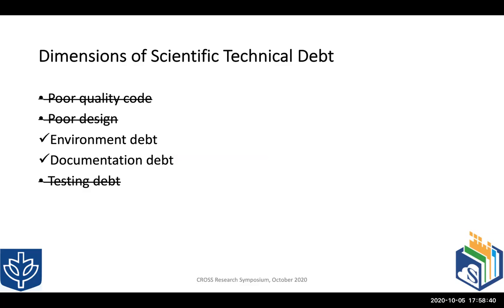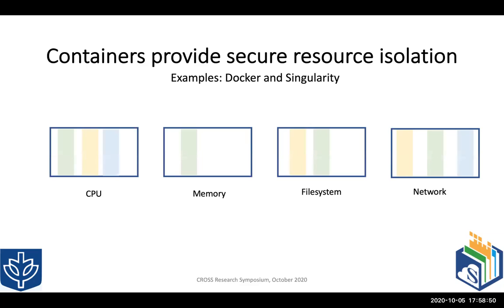Before I begin my discussion about reproducible containers, for a moment, let's talk about containers such as Docker and Singularity. As most of you might know, containers provide secure resource isolation. So we have resources such as CPU, memory, file system, network, and as you can see, these green, yellow, and blue lines, the resource gets isolated into a specific quantity.